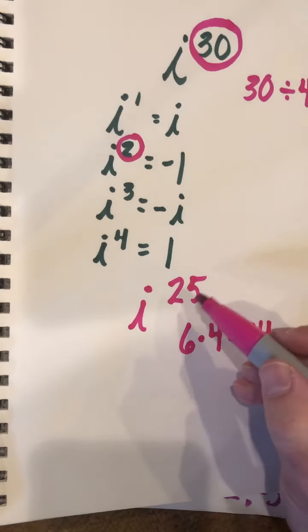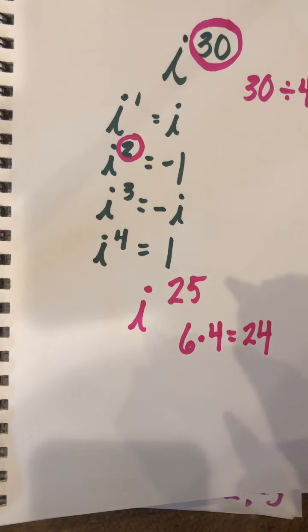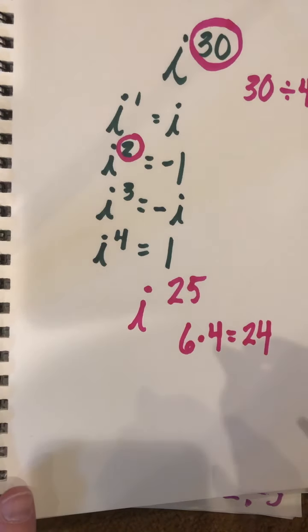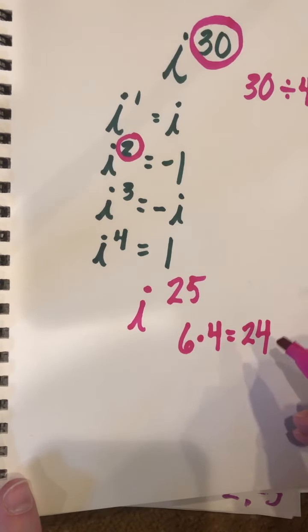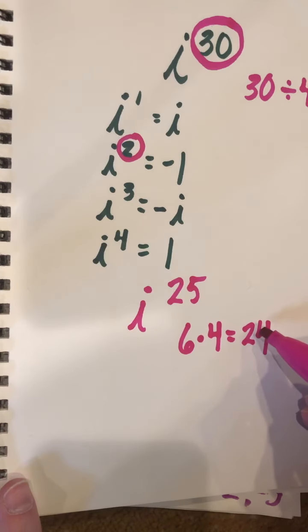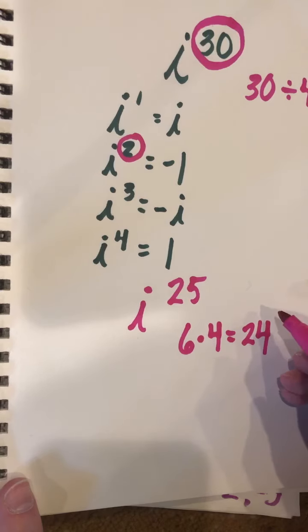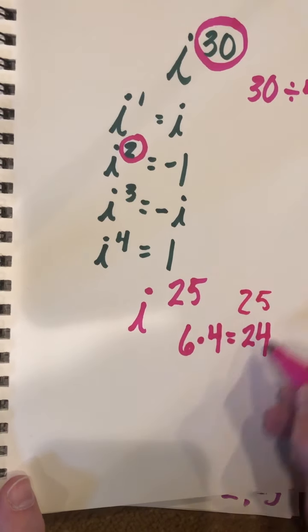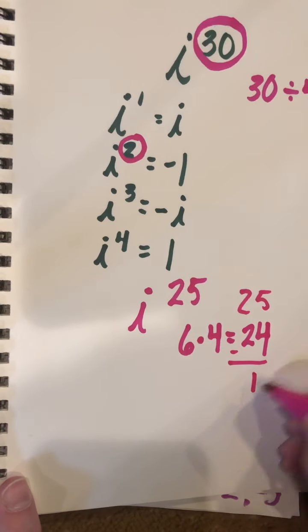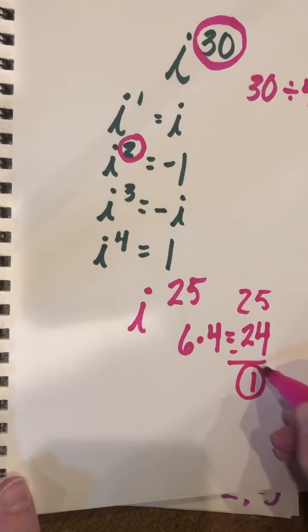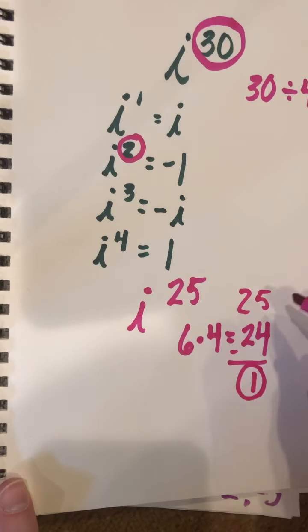So if I divide 25 by 4, I'm going to get 6 and then a decimal. Well, really I want that decimal as a remainder. So if I do 6 times 4, I get 24. How many is left over? Well, 25 minus 24 is 1 left over. My remainder is 1. I don't necessarily need all the other things. I just need the remainder.